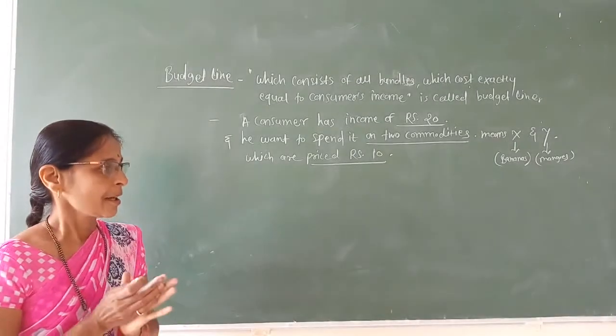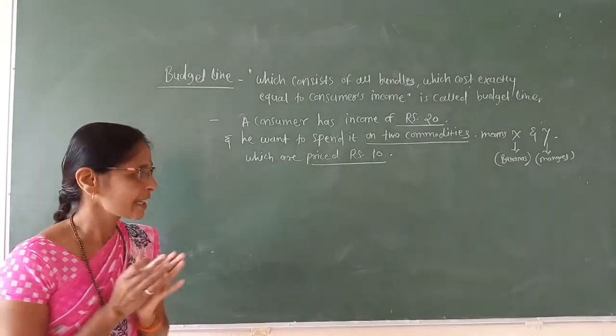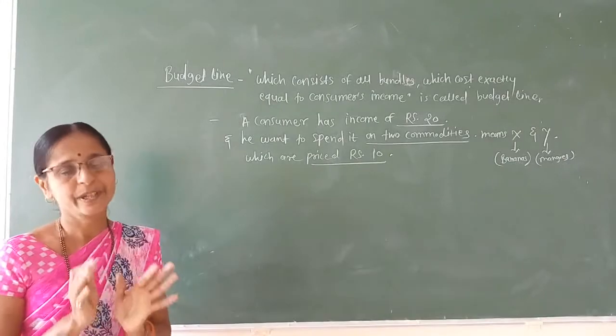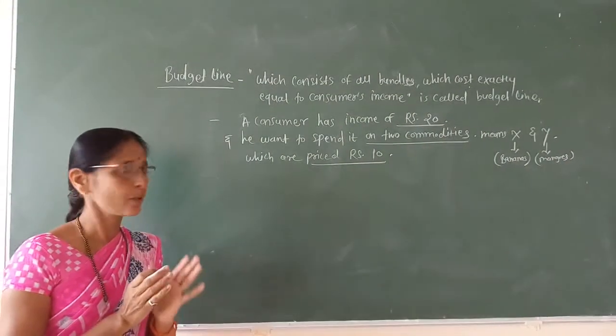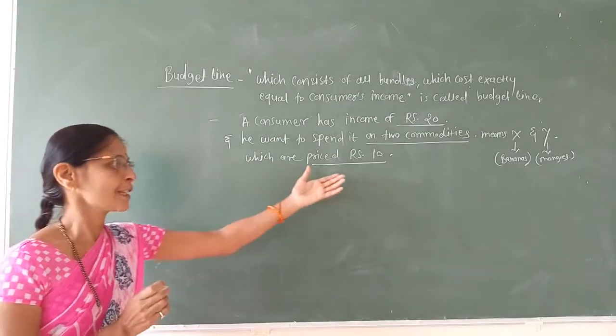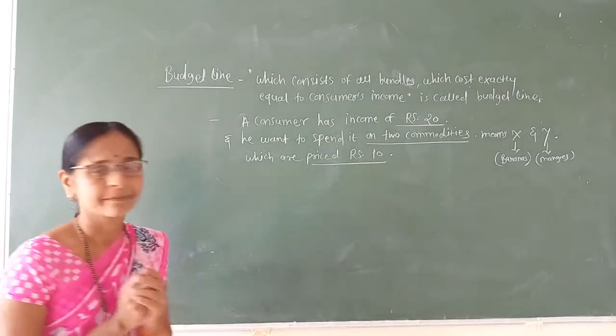The price of banana, the X commodity, is rupees 10, and also the price of mango, the Y commodity, is rupees 10.